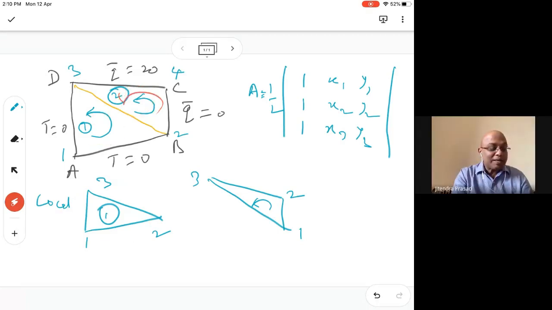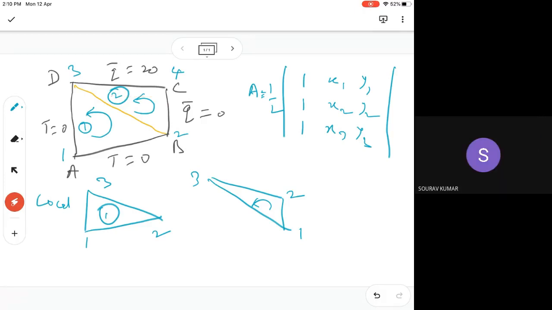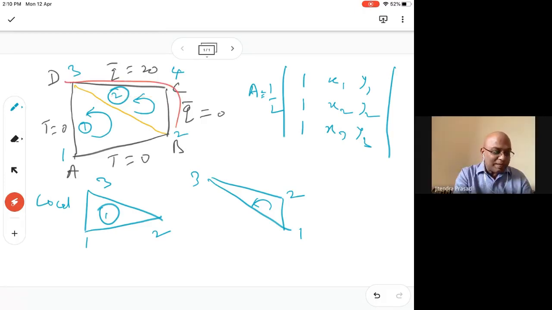Here it does not matter. See here, as long as you follow this, this is local, it is falling, right? So number 1 in local is number 2 in global. Number 2 in local is number 4 in global. So number 3 in local is number 3 in global.